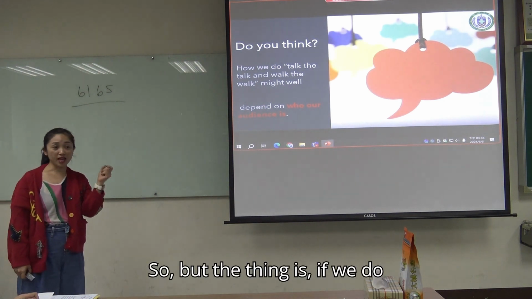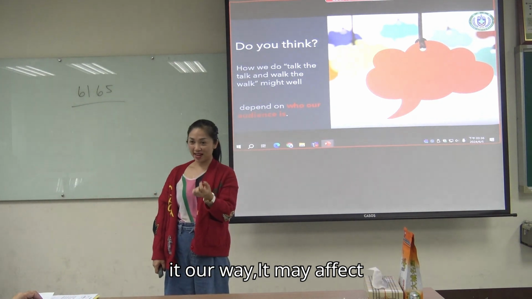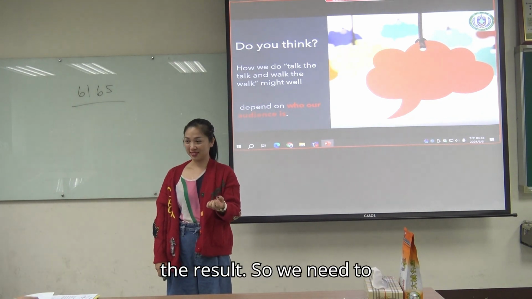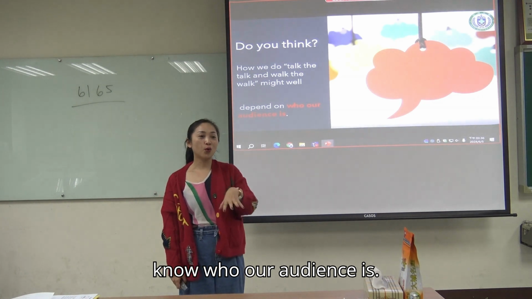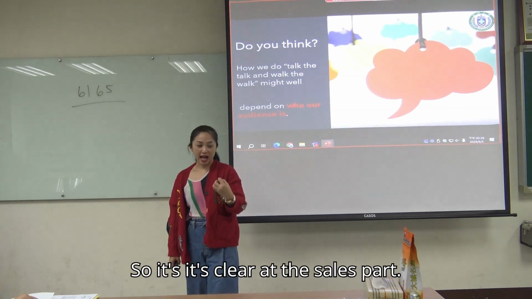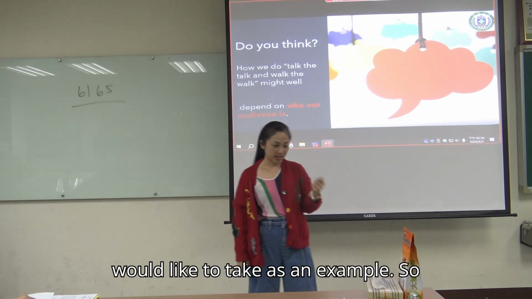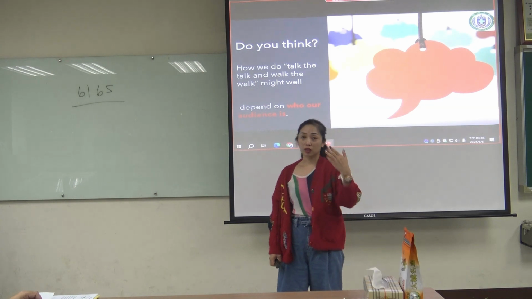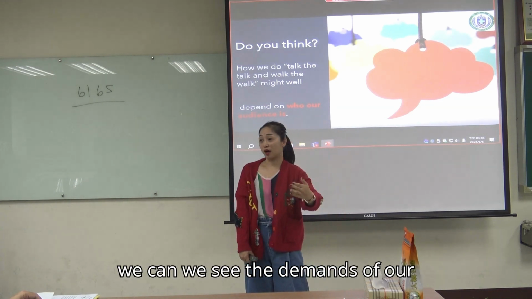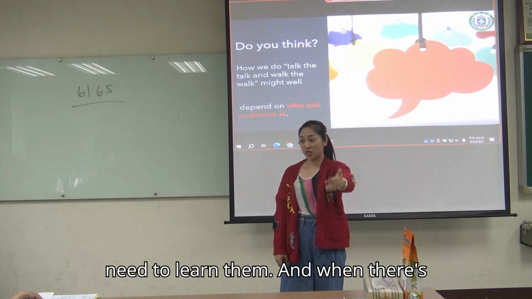We need to overcome it. But if we do it our way, it may affect the result. So we need to know who our audience is. It's clear in the sales part, which I would like to take as an example. We see the demands of our customers. We need to understand them and learn them.